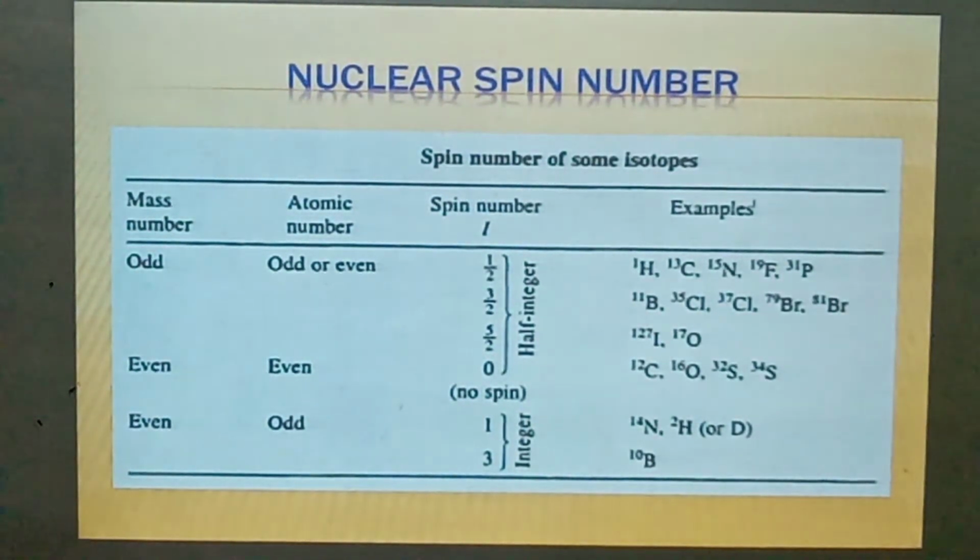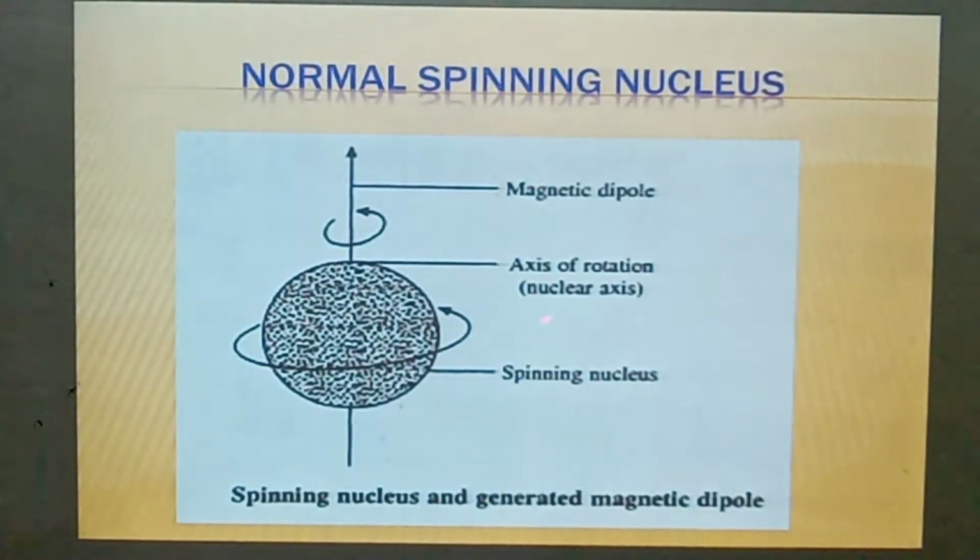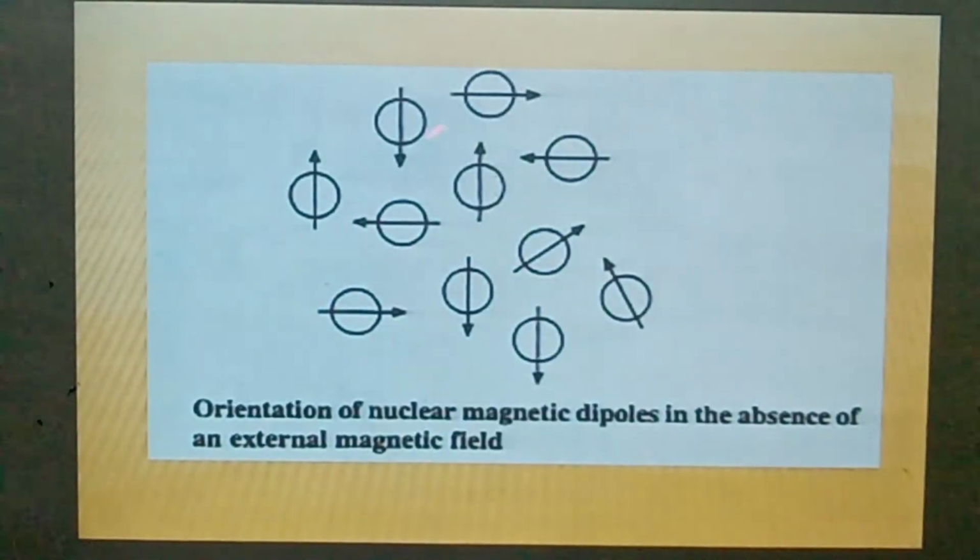And this is the normal spinning of a nucleus. This is our spinning nucleus. It has an axis which is perpendicular to the magnet, along with its own magnetic dipole, and its motion may be in any direction in the absence of an external magnetic field.